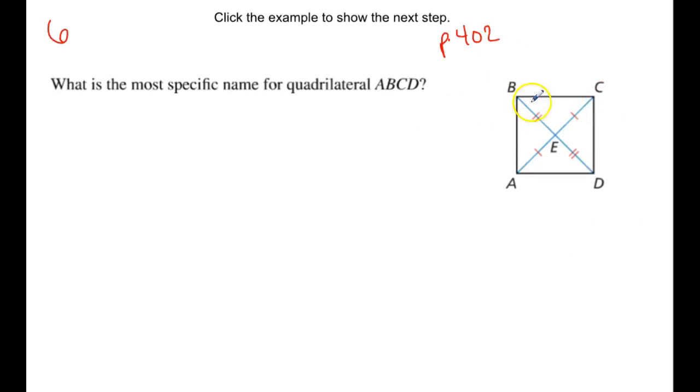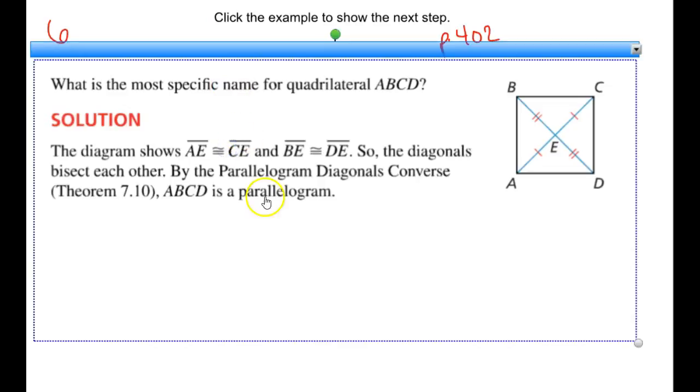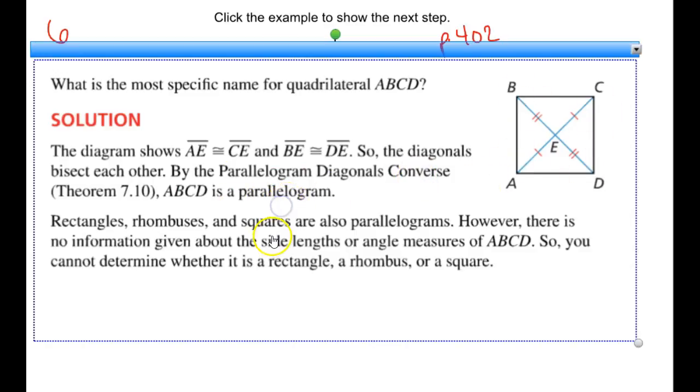The first thing I'm shown is that BE and DE are the same length, and that AE and EC are the same length. So I know that the diagonals bisect each other. By the parallelogram diagonals converse, I know that it's a parallelogram. So I can start with that information.